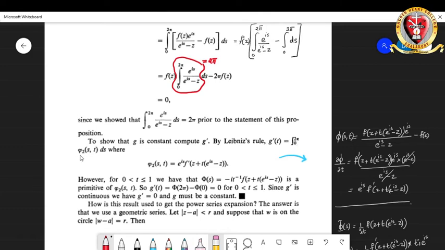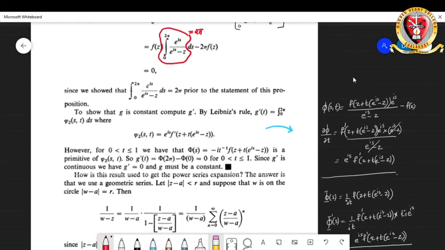We are calling the derivative of phi as phi 2 of st. For better understanding, we have phi of st equal to the term here.